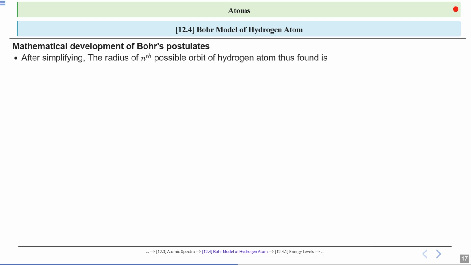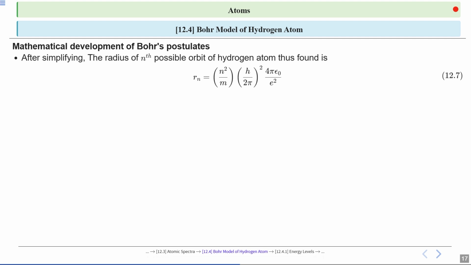So finally, after simplifying Bohr's equation, we can find the radius of the nth possible orbit for a hydrogen atom. The n here stands for the principal quantum number, which can be any positive integer 1, 2, 3 and so on. The formula for the radius of the nth orbit is shown here, Rn equal to n square by m multiplied by h by 2 pi whole square multiplied by 4 pi epsilon naught upon e square.